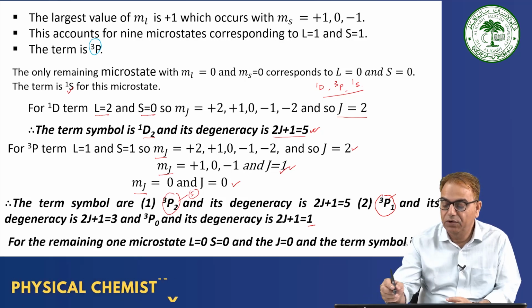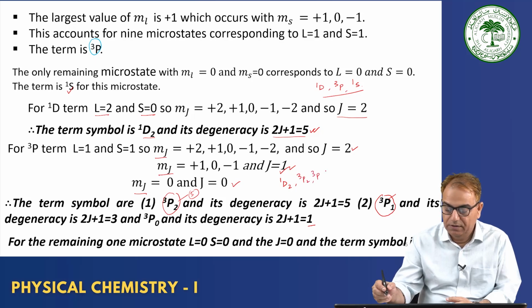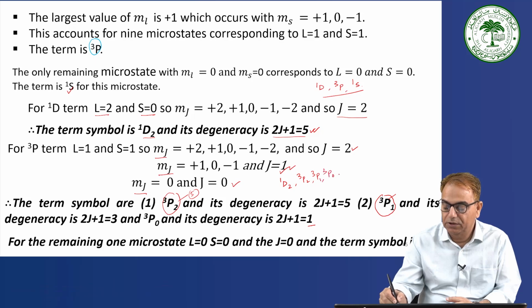So if you write the full term, then for that P2 configuration, you have singlet D2, then you have triplet P2, then triplet P1, then triplet P0, then you have singlet S0.